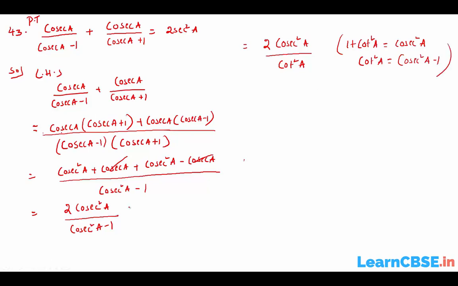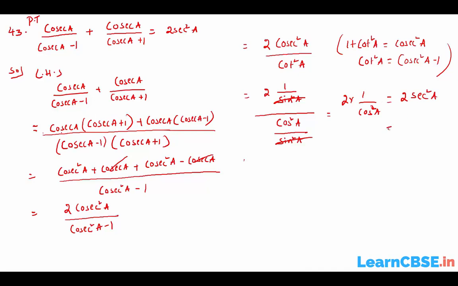Now cosecant square A means 1 by sin square A, whole divided by cot square A, which means cos square A by sin square A. Sin square will cancel, we'll be left with 2 into 1 by cos square A. Since the reciprocal of cos is secant, 2 into secant square A, which is RHS. Let me end the session.